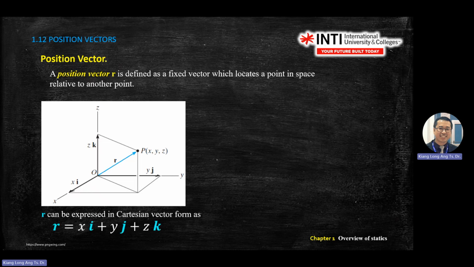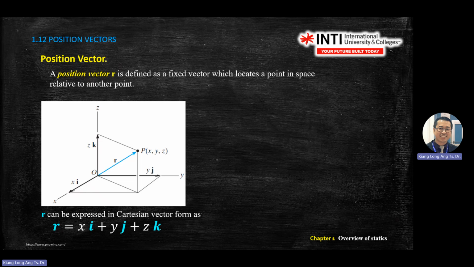So when you want to tell people the direction of the resultant, you write it as R. R is called the position vector, meaning the direction of that particular vector. Where is it pointing to? We are talking about vectors here, and a vector has magnitude and direction. So this is why we use the words position vector. It just tells you the direction of the vector.